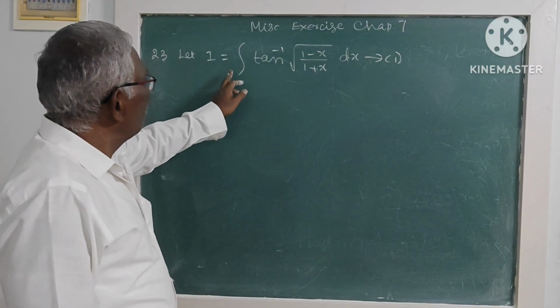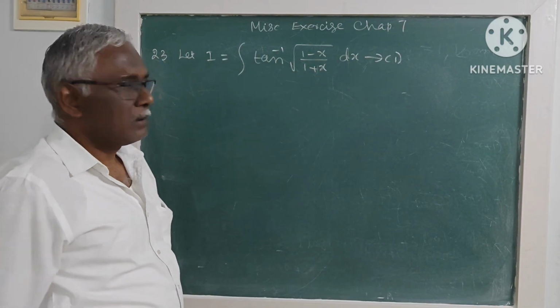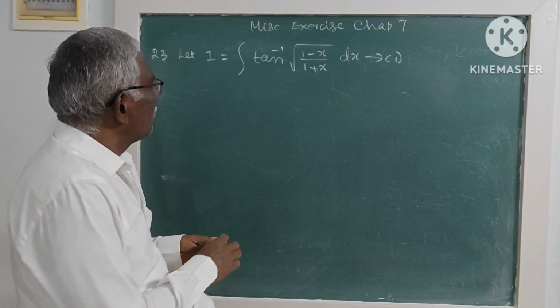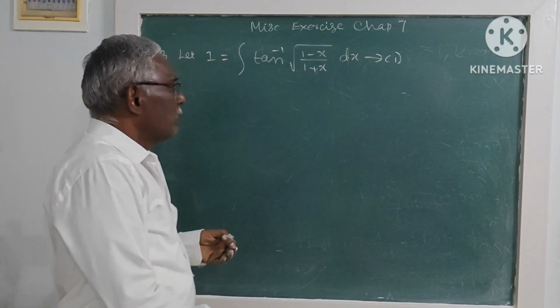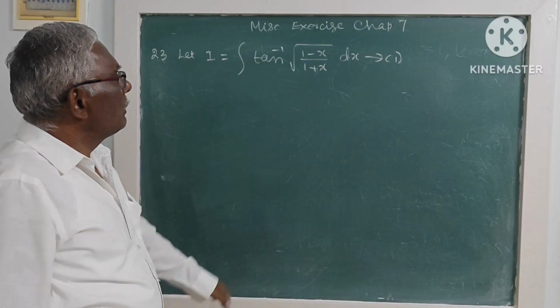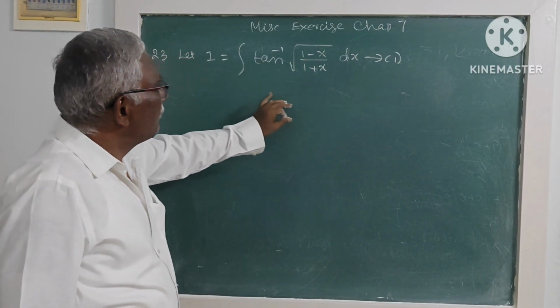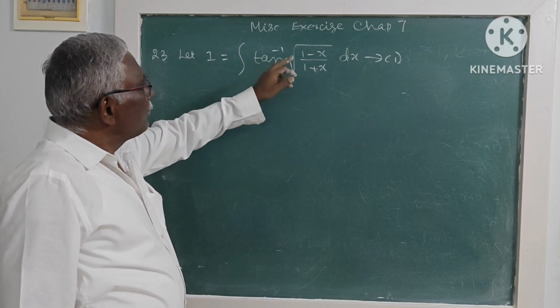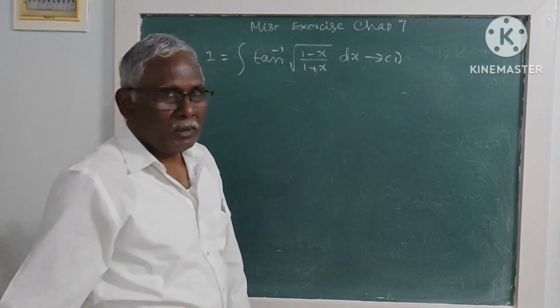So I is equal to integral tan inverse of square root of 1 minus x by 1 plus x dx. Now we have to remove the square root by substituting proper values for x.